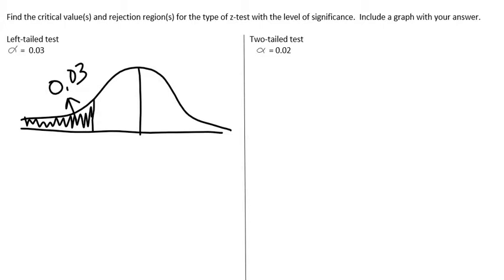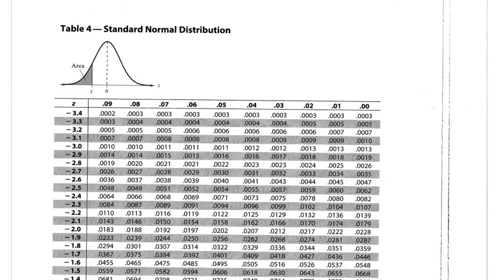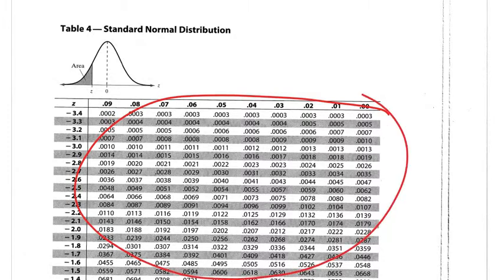Now, what we want to do is find what the critical value is, and the critical value is that z value that corresponds to the area of 0.03. Let's go to our chart. Here's my chart, and I'm going to look in the body, or the middle portion, and try to find the value that's as close to 0.03 as possible.